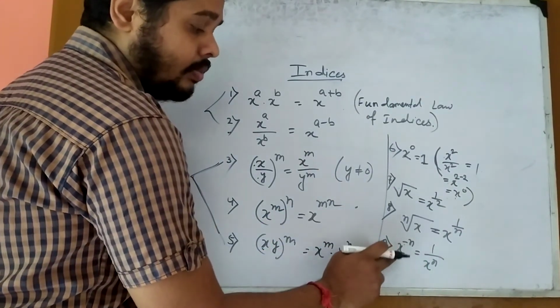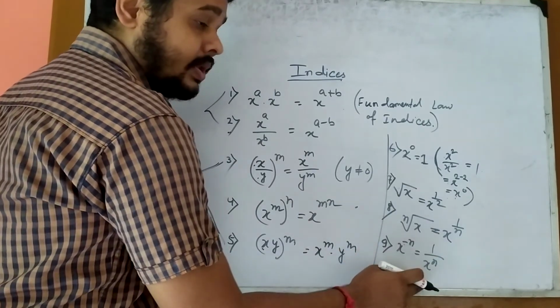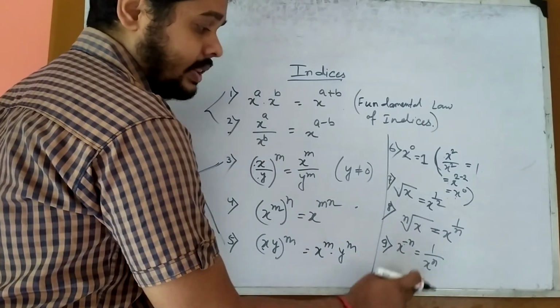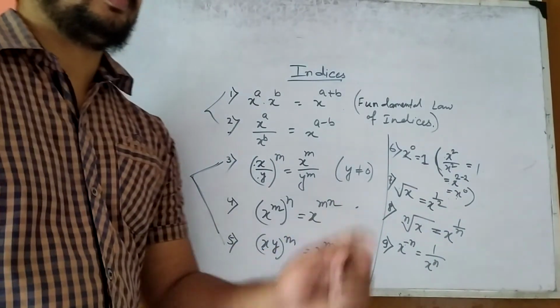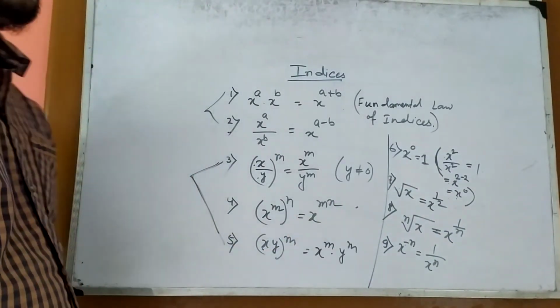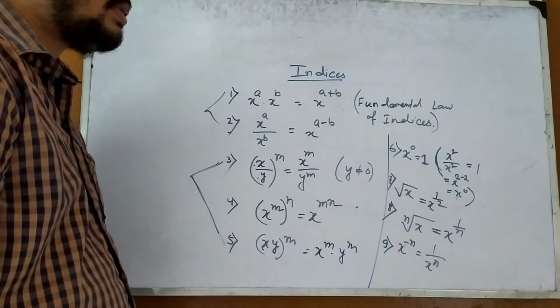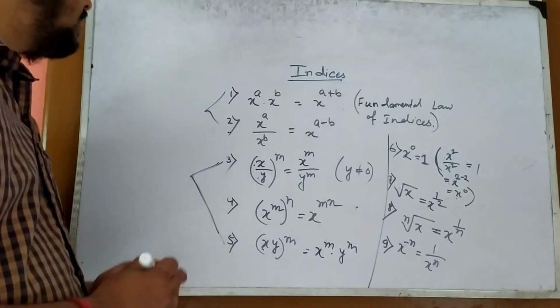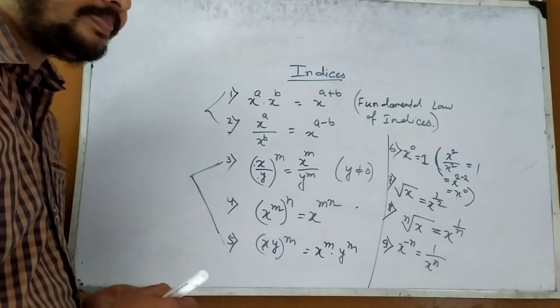Here the base is in the numerator, but when we do the reciprocal, that time 1 by x to the power n. So negative components become positive components. That's all the laws of indices, and using those laws we have to solve a few problems.